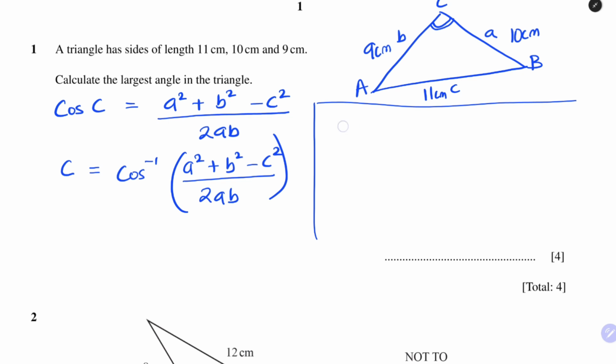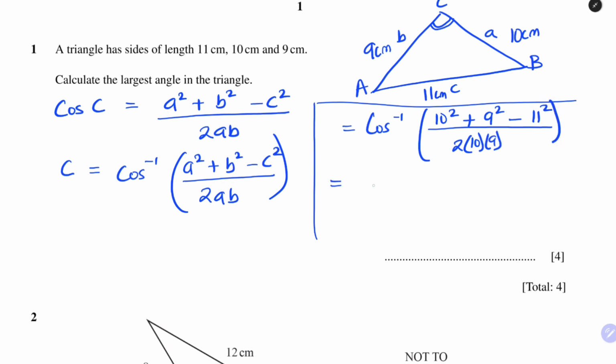It will be given by the cosine inverse of, what's our A? Our A is 10. So I have 10 square plus, what's our B? 9 square. And our C is 11. So it will be minus 11 square over 2 times 10 times 9.